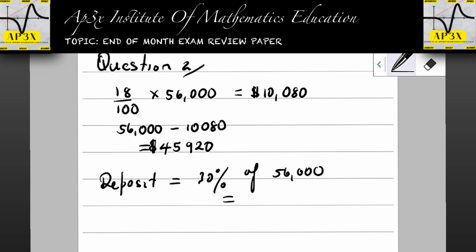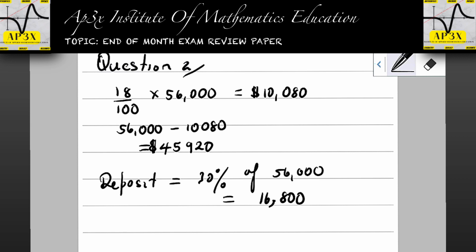That is $16,800. And so therefore that's the deposit. Now after making that deposit, for the next 1.5 years there's going to be equal monthly installments of $2,800. So we therefore need to calculate how many months make 1.5 years.